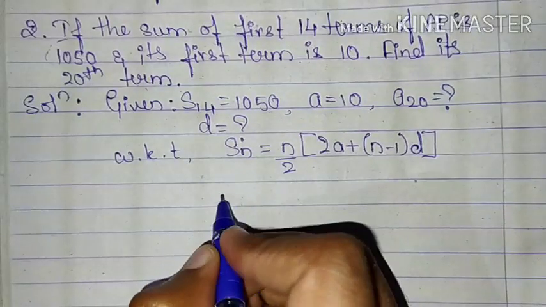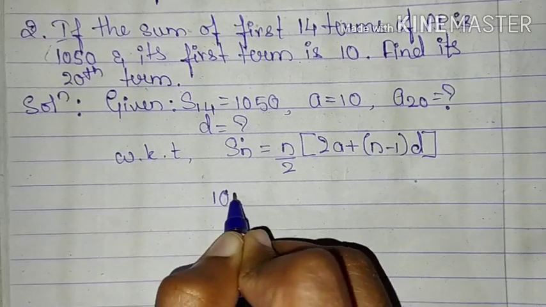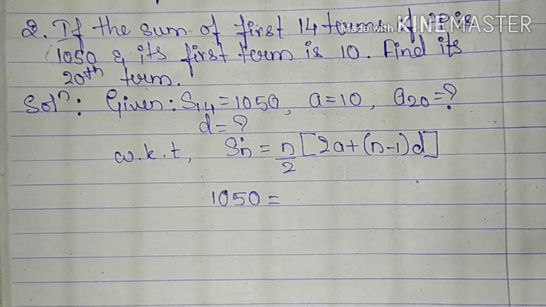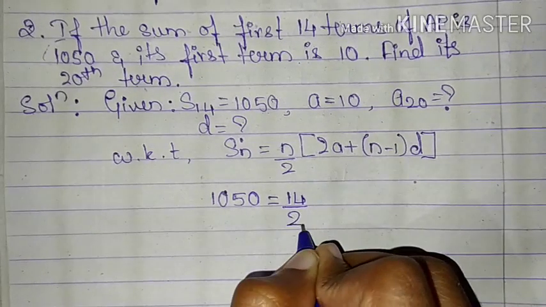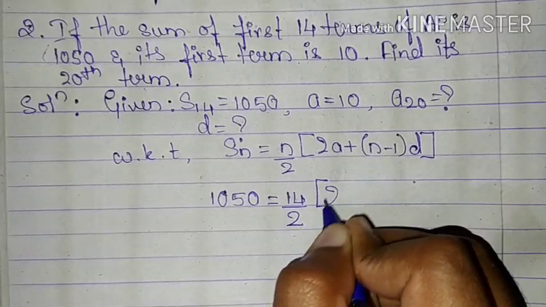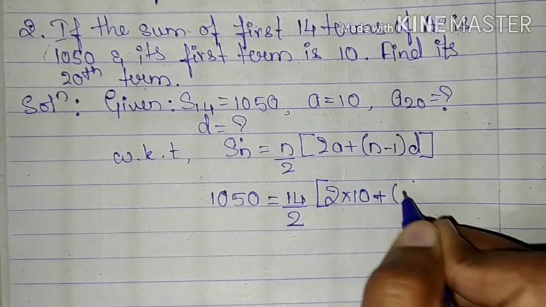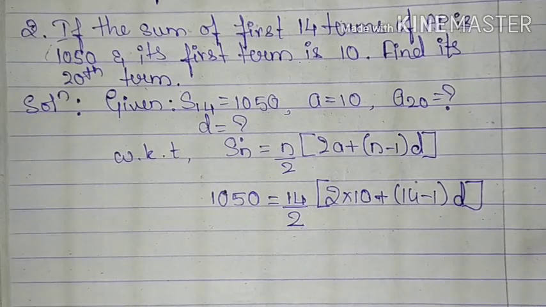We know Sn to be S14 and S14 is 1050. When we know the sum of 14 terms, then the value of n will be 14 by 2, into 2 into 10 because a is 10, plus 14 minus 1 into d, because d is what we have to determine.